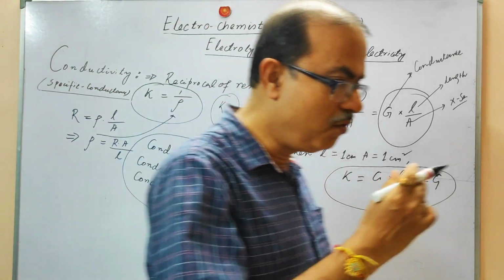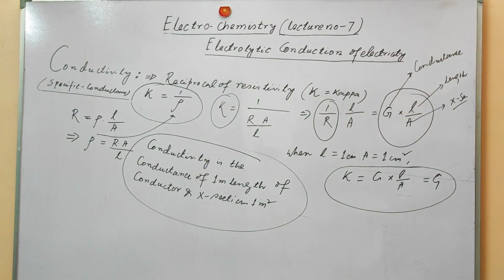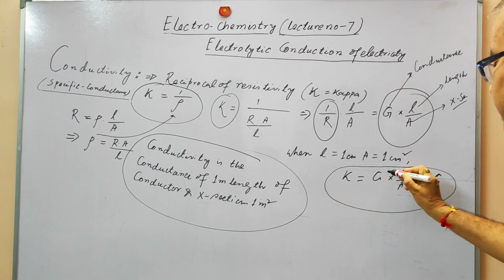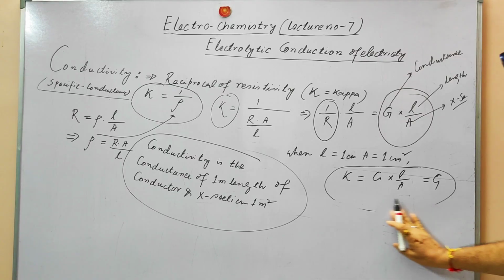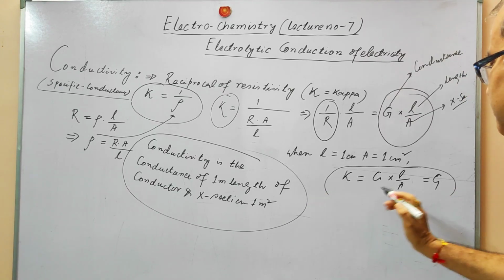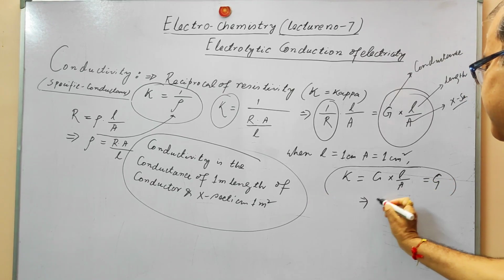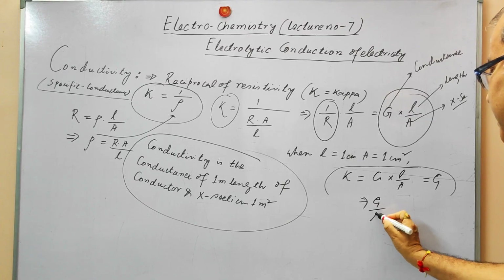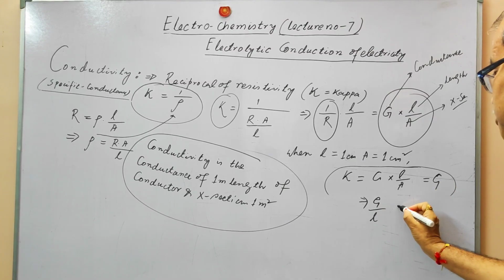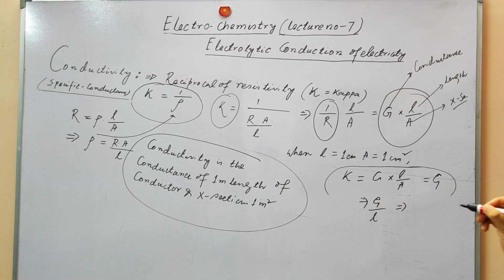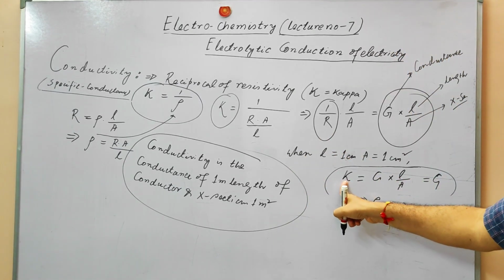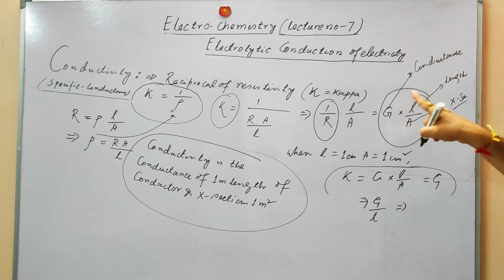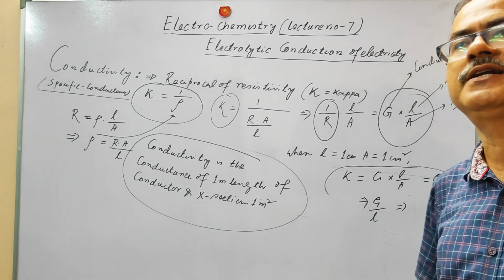Okay. Now what will be the unit of the conductivity? That you can easily find from the units of the conductance. You can write this as G by L. The unit of the conductivity depends on the conductance and the length of the conductor.